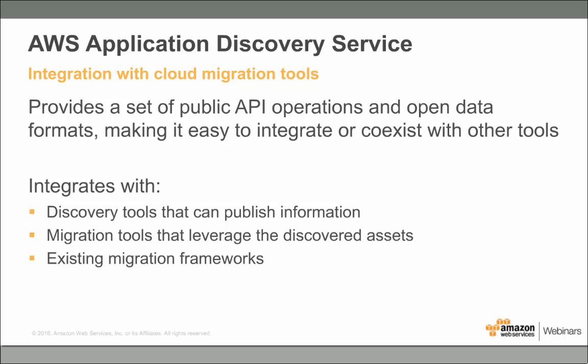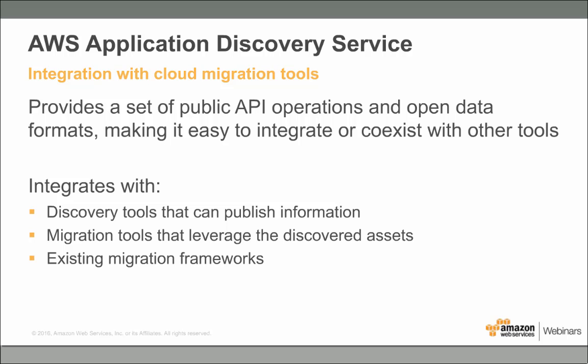You're not forced to use the agents either. If you have one of those partner solutions that can publish information into the AWS Discovery Database, you can continue using the discovery tool, publish into the database, and then use the rich API operations and everything that you saw in the previous slides to assist you in planning and discovery.